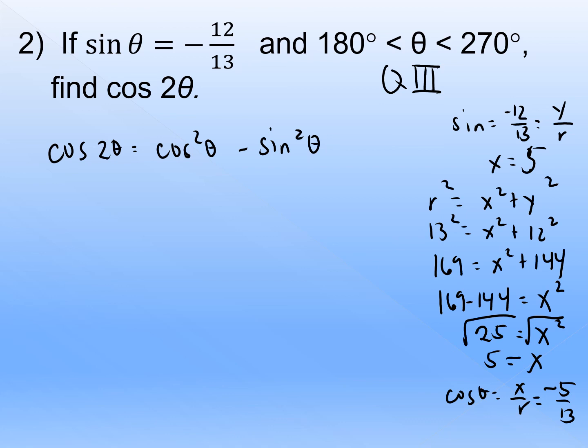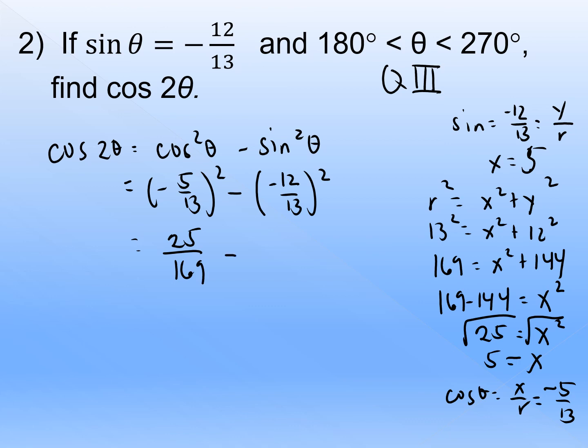Now, after this, we can substitute the values. Instead of writing cos theta, we write negative 5 over 13 squared, minus, instead of writing sine theta, negative 12 over 13 squared. Negative 5 over 13 squared, we multiply by itself, so it will be 25 over 169, minus negative 12 over 13 squared, which is 144 over 169.